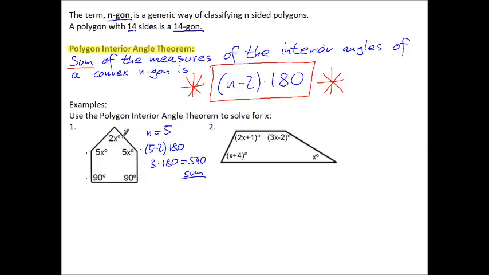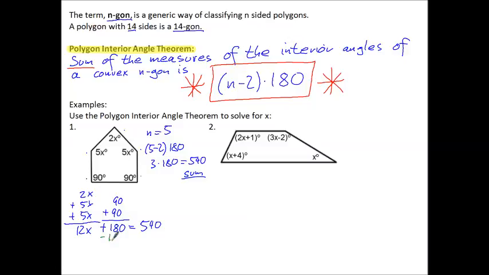So let's add all the like terms together so we can create our equation. We got 2x plus 5x plus 5x, so 12x, and we got 90 plus 90, which is 180. 12x plus 180 has to be equal to 540.